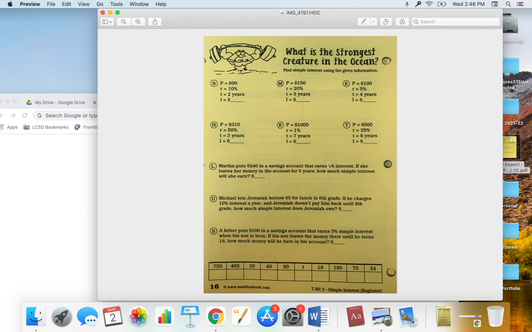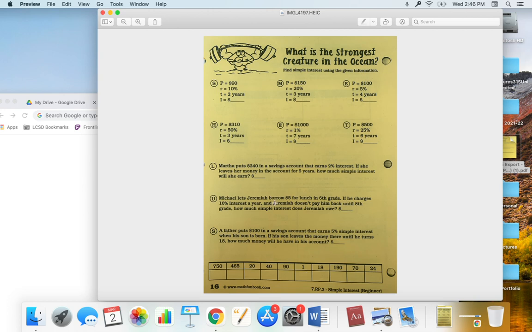You have to change that to a decimal. If she leaves her money in the account for 5 years, 5 would be your T. How much simple interest will she earn? So then you're putting those in your calculator and you're multiplying them to get the interest. And then obviously these letters, once you find the right answer, it's at the bottom. You have to put the letters in the bottom.